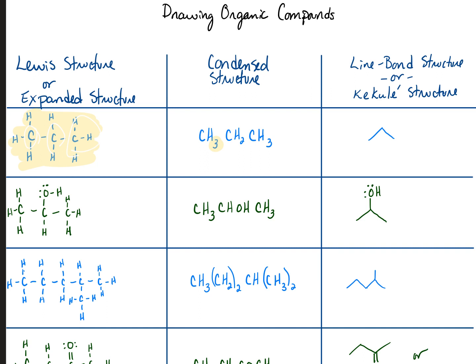Well, I'll show you what I mean here in a minute. So when we do the Kekule structure, what we're saying is that everything that's the end of a line, like right there, that's a carbon. Anything where 2 lines meet at the vertex, that is a carbon. And then at the end of this line, that would be a carbon as well, because that's how you read these. Now, you might wonder, well, what happened to all the hydrogens?